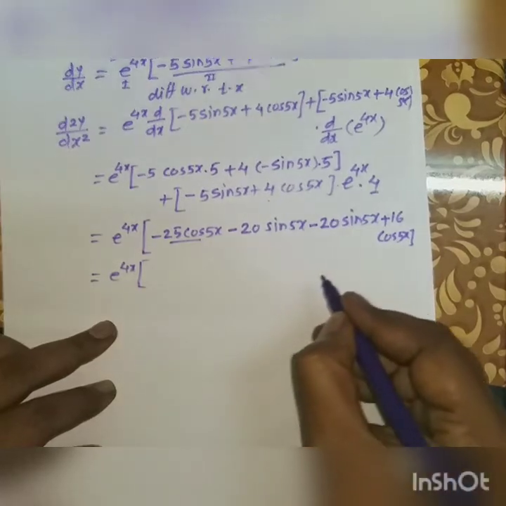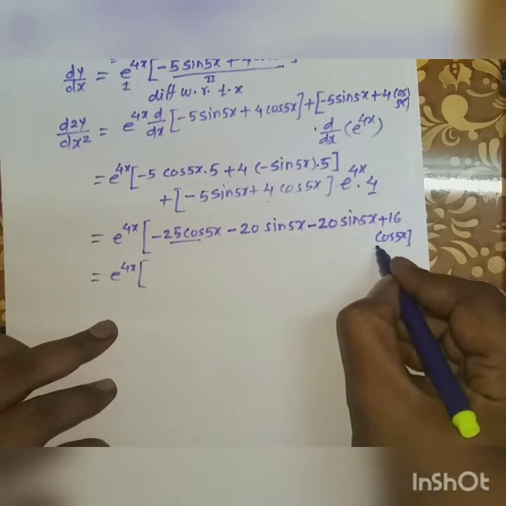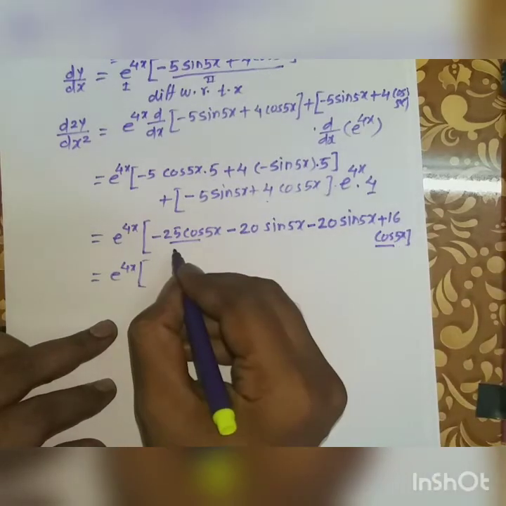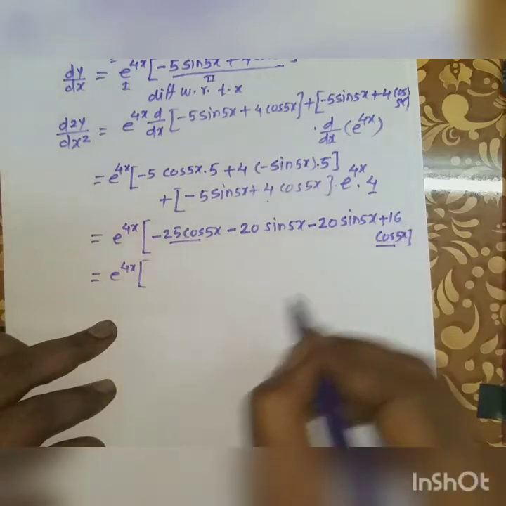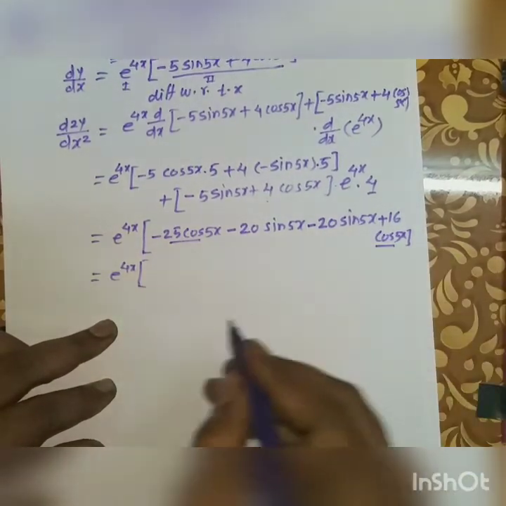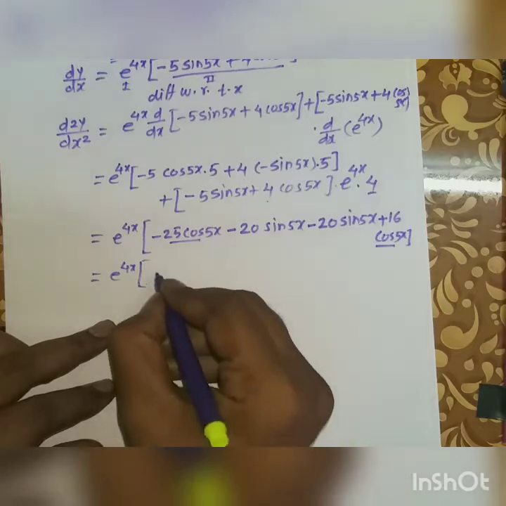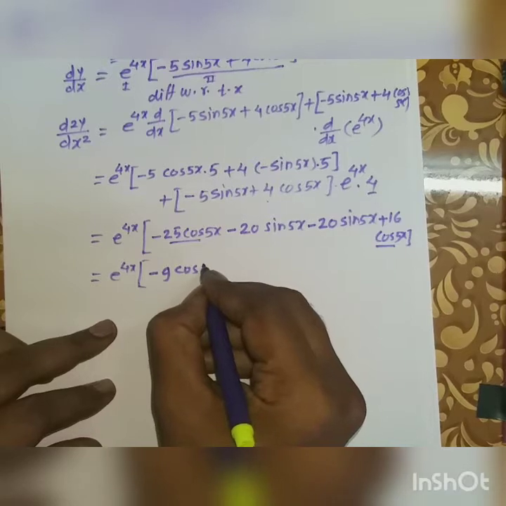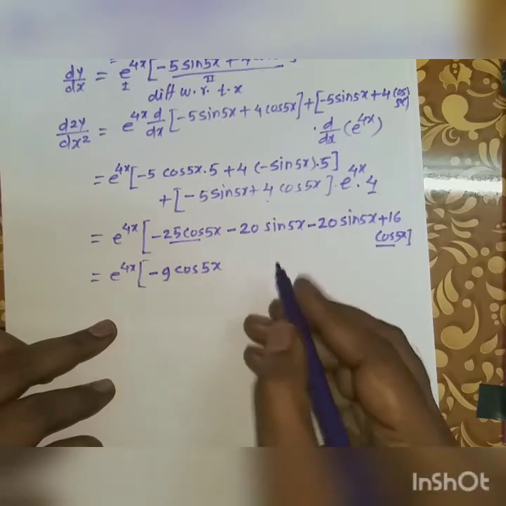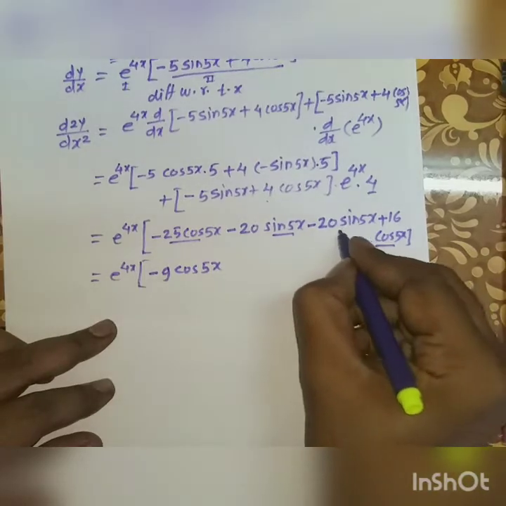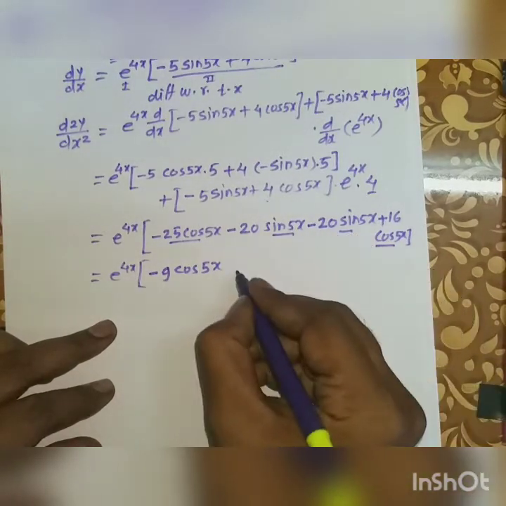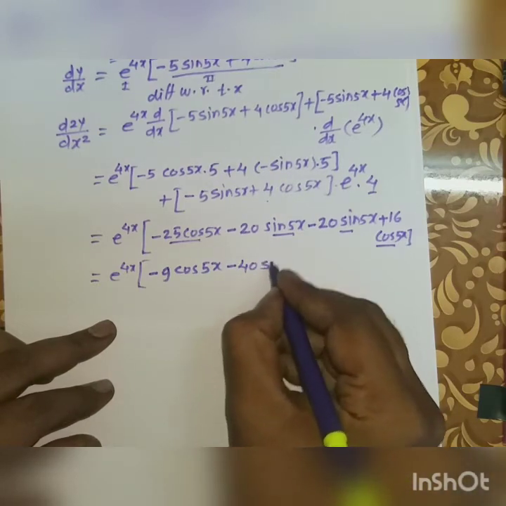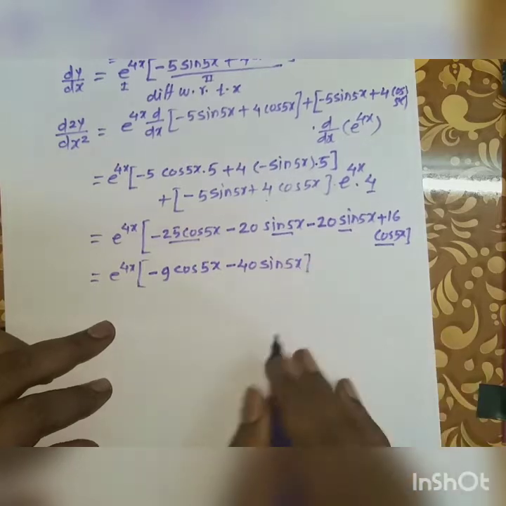Now these two terms are the same, 16 cos 5x and minus 25 cos 5x, but the coefficient is different. Minus 25 plus 16 is minus 9, minus 9 cos of 5x. Now this sin 5x, minus 20 and minus 20, is minus 40 sin of 5x.